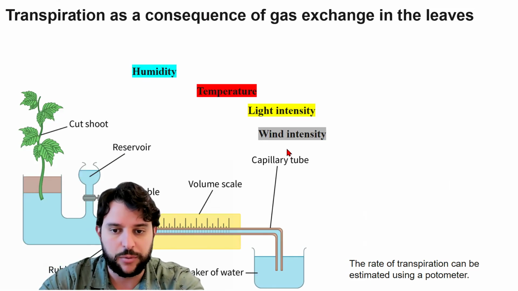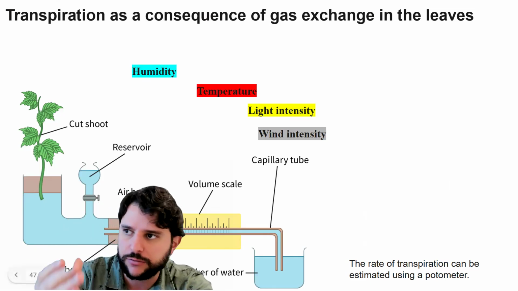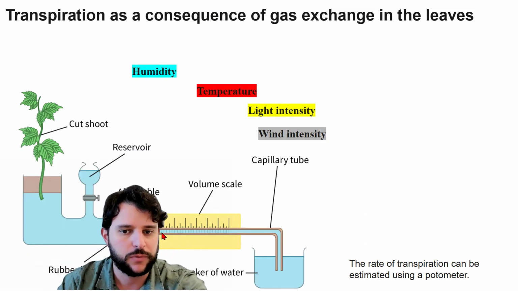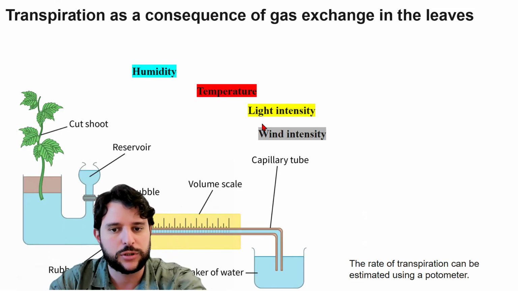For example, if you have more wind on this shoot, on this stem, you're going to increase the rate of transpiration, the rate of exchange. The plant is going to release more water and get more CO2. If you have less wind, less transpiration.